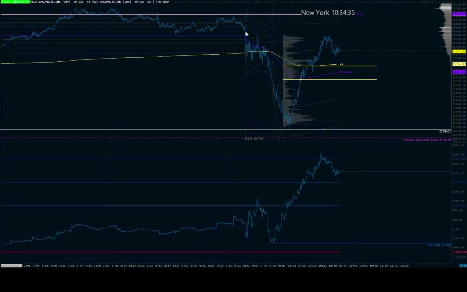If we draw a volume profile for this leg down, oh man, hold on. I need to set the default settings. You can see I don't use this a whole lot. Set defaults. I'll redraw it.